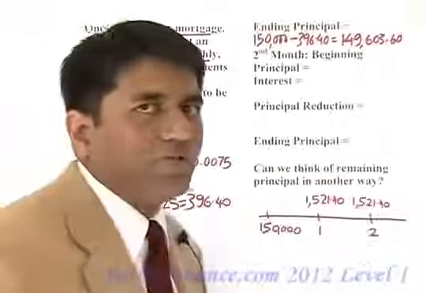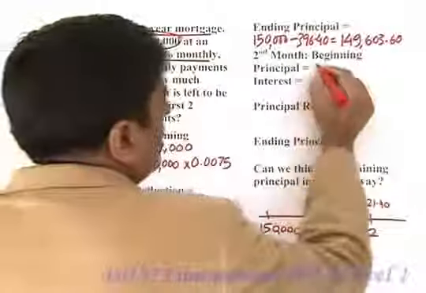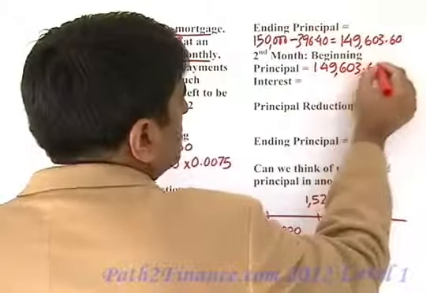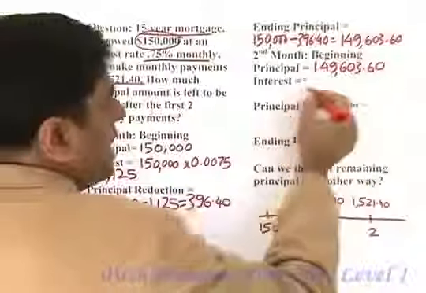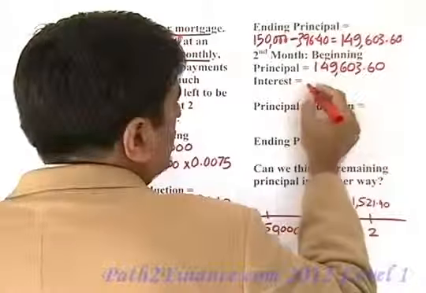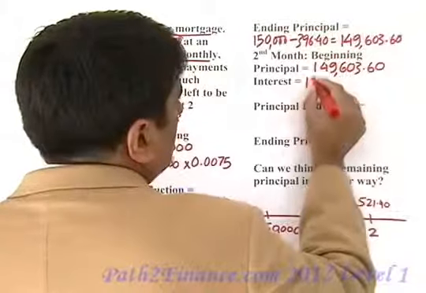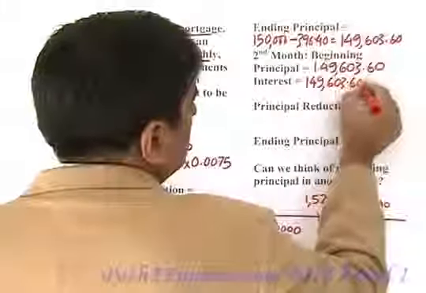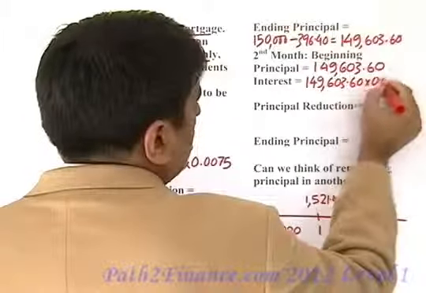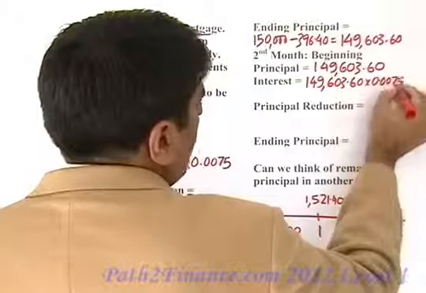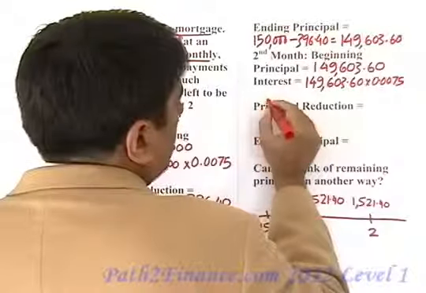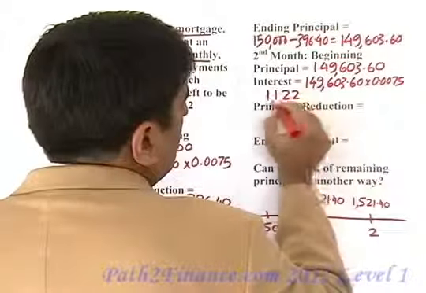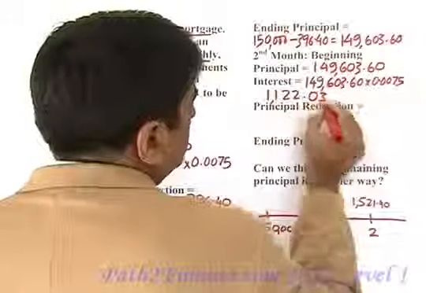So the beginning principal for the second month is 149,603.60, and you multiply that by 0.75% to get the interest. So 149,603.60 into 0.0075 gives you the interest to be 1,122 and 3 cents.